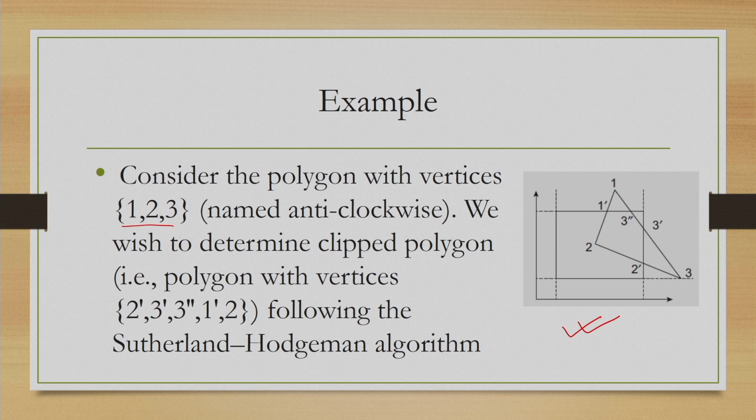As you can see here, we followed a counter clockwise or anti-clockwise naming convention to list the vertices. Our objective is to determine the clipped polygon, that is this polygon denoted by the vertices 2 dash, 3 dash, 3 double dash, 1 dash and 2, and we wish to do that by following the Sutherland-Hodgman algorithm.